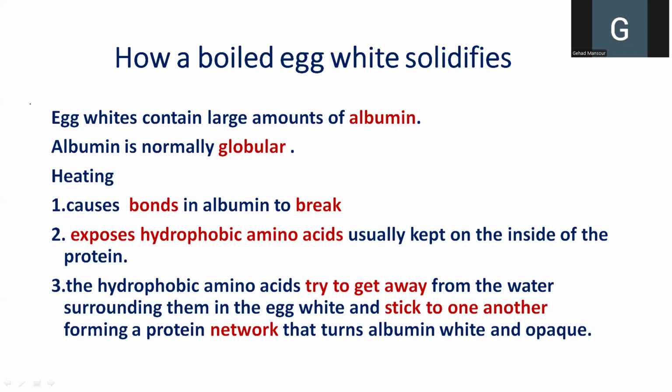But when you heat, some bonds in the globular molecule of albumin will be broken down. And when these bonds are broken down, there is a change in the structure or the conformation.